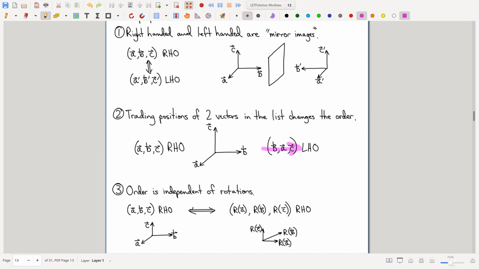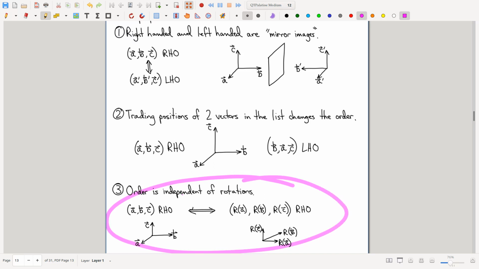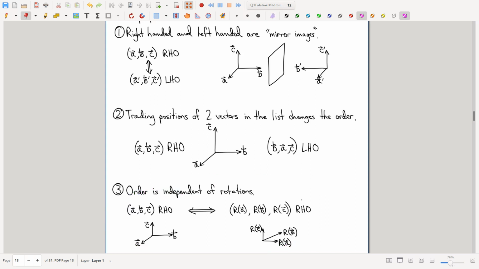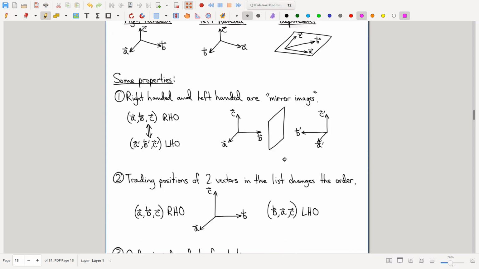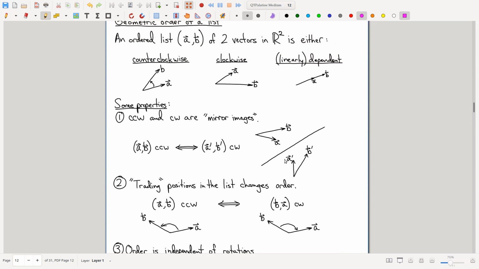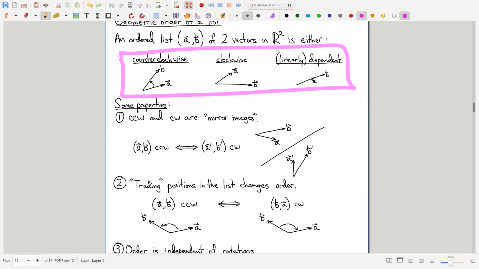And then again, independent of rotations. So if I'm looking at my right hand and I turn my head to the side, it still looks like a right hand. So not a deep point. I think it's really interesting to observe that right-handed and left-handed split lists into two opposite states, and then the one in between is the anomalous, annoying intermediary case.